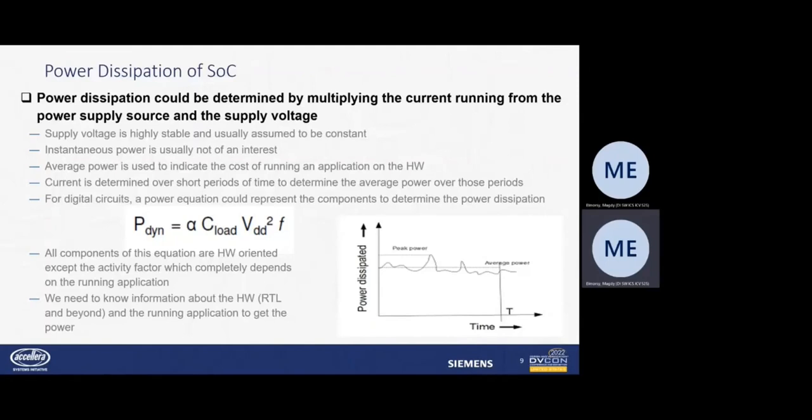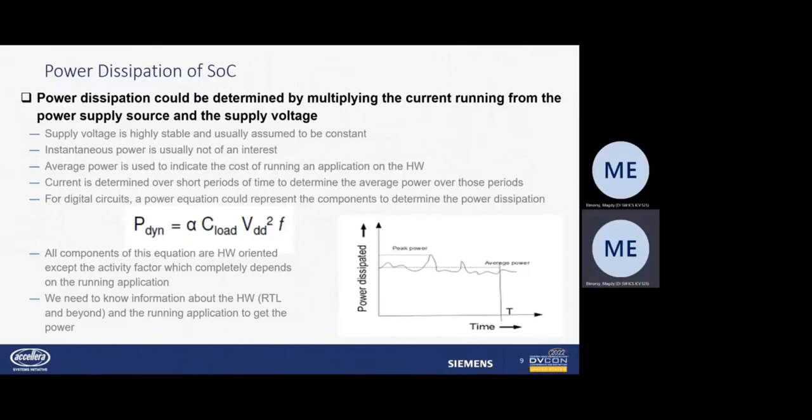It is alpha, the activity, multiplied by the capacitive nodes, multiplied by the supply voltage squared, multiplied by the frequency you run the device at. However, the equation is simple, but three terms are completely hardware dependent: the capacitance, the supply voltage, and the frequency. So you need information about your circuit to determine the power dissipation to a good accuracy.